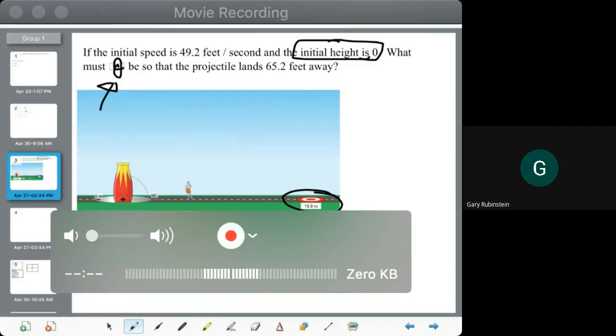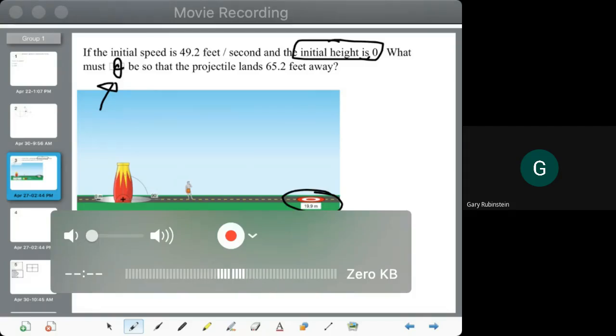Now, we're going to see that there's actually two answers to this question. You remember the other day, if you could pick any v0 and theta, and you have to hit a target, there ended up being infinite answers for that.